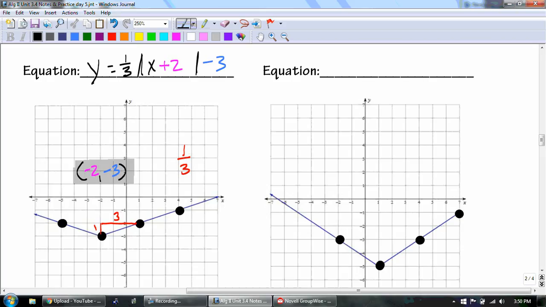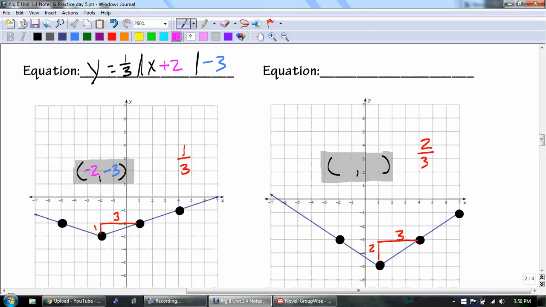Okay, there are some points. And then we need the vertex. There's no reflection. I went up 2 to the right 3, so that's 2/3.